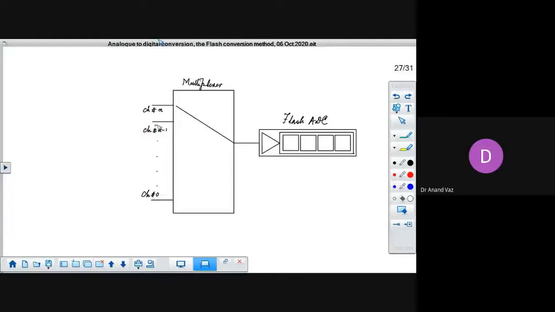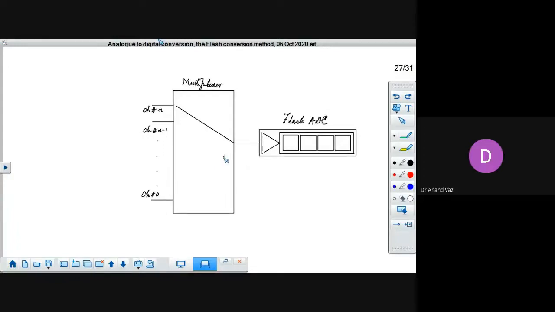These channels could be connected to sensors, and the signals available on these channels could be coming from sensors after signal processing, that is after filtering, amplification, offsetting, etc. So they would all be available on these channels. But we have only one analog to digital converter, because the flash ADC is expensive.